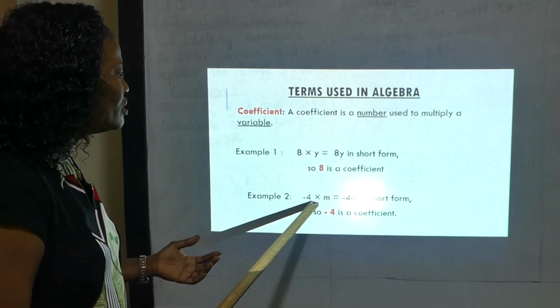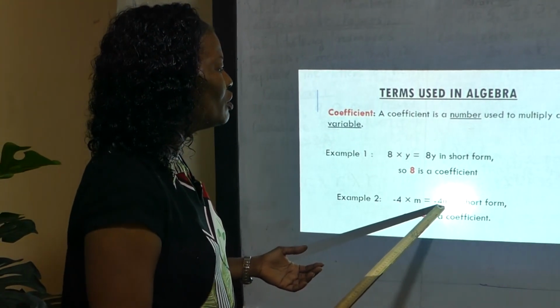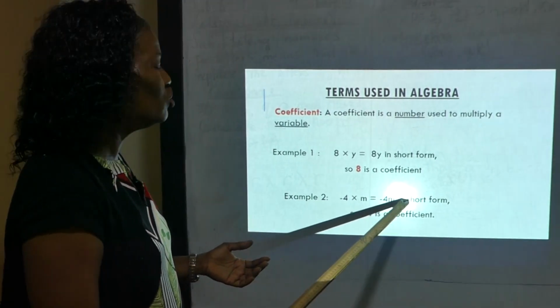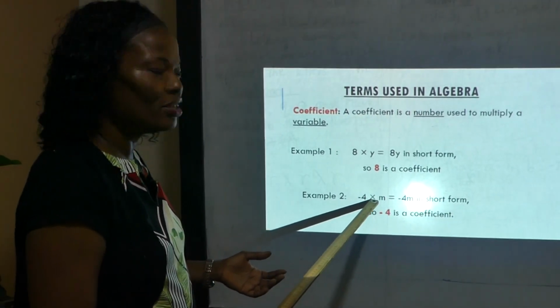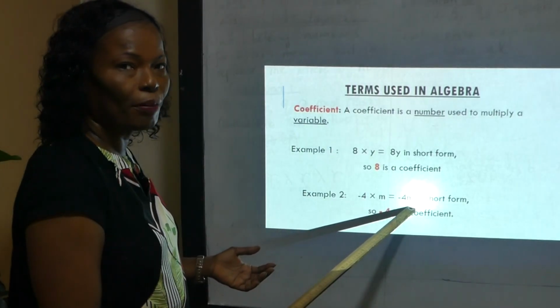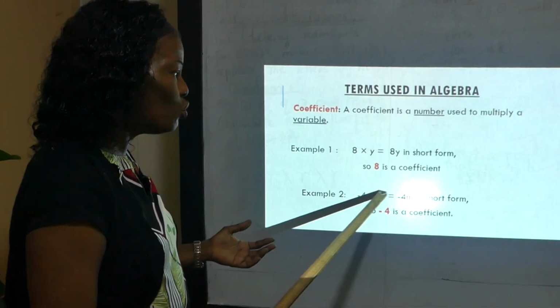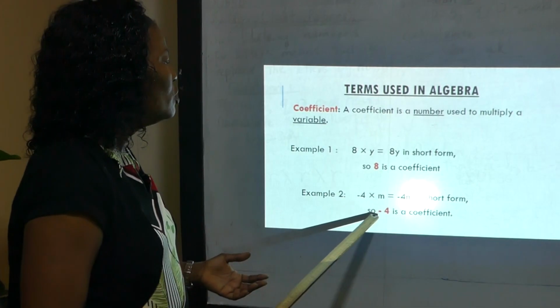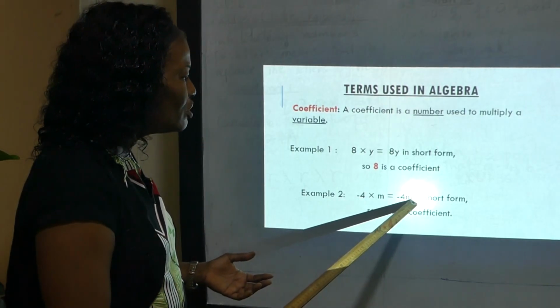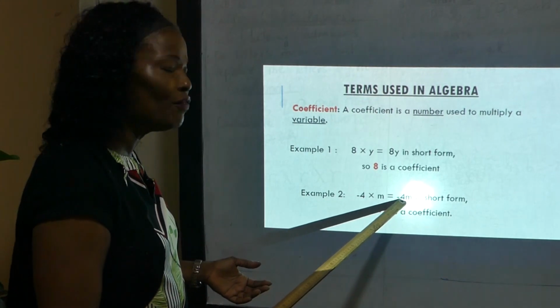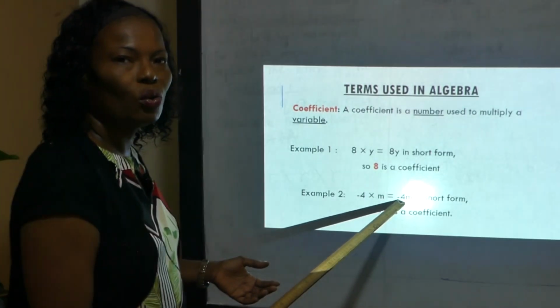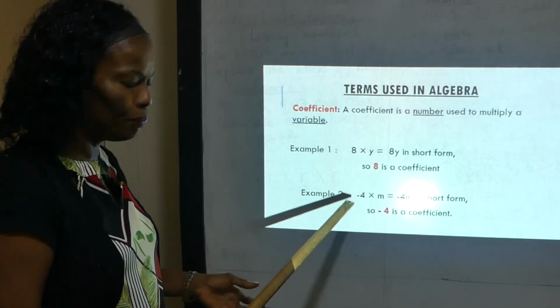Example 2, negative 4 times m is equal to negative 4m in short form. So we omit the multiplication sign when we're talking about short form. But these two mean the same thing, right? So here, the number before the letter m is negative 4. So negative 4 is called the what? Coefficient. Awesome. Moving on.